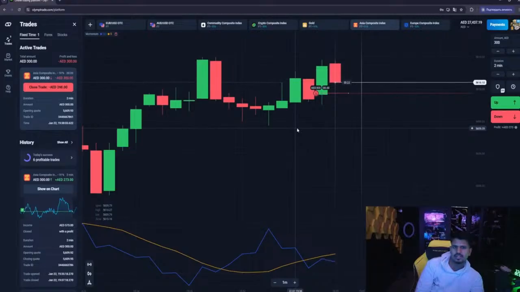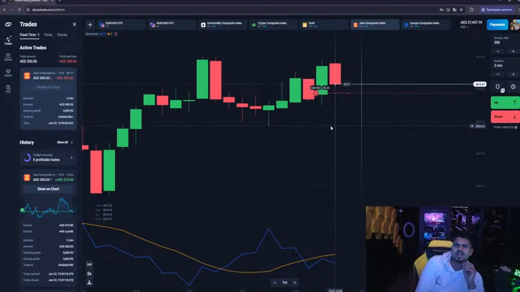Guys, do you think there is any chance that it will come back again to the downside? 12 seconds remaining. It will be very awesome. It will move here to the downside.